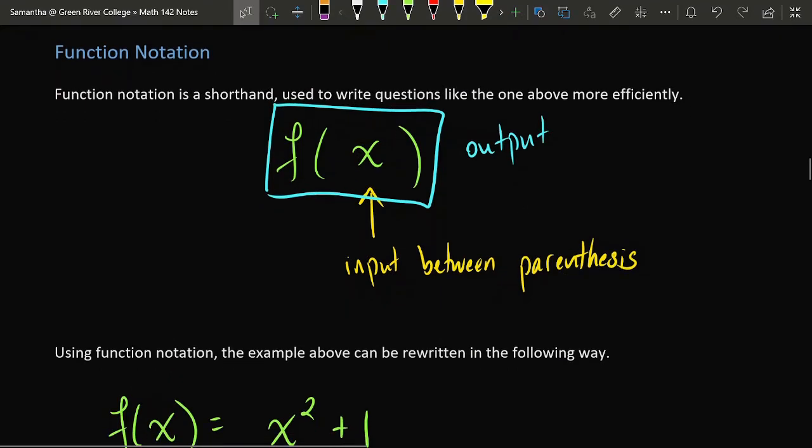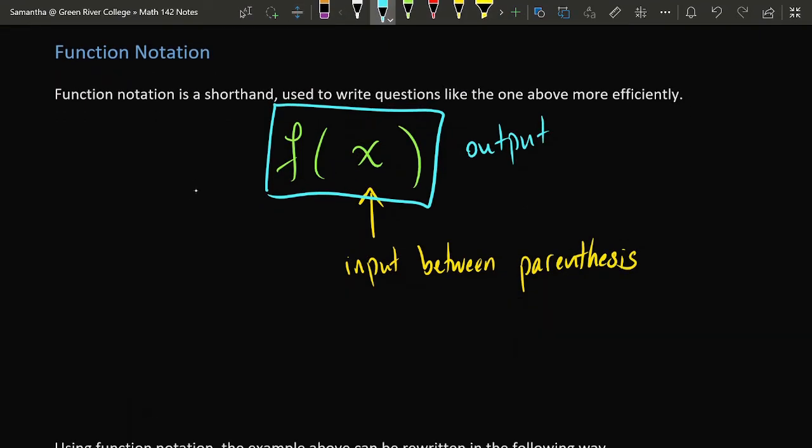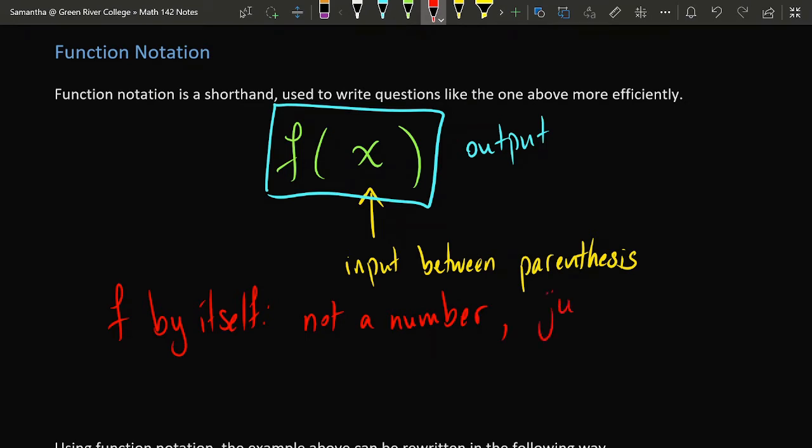f by itself doesn't actually represent a number. This is not a number. This is just basically a label for the procedure that is being described here.